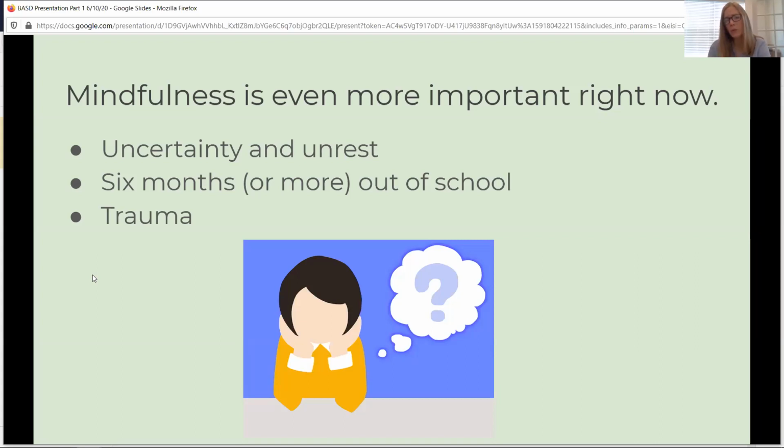And then there are kids who may have been doing okay, may have been doing fine, and they're going to look a lot different. They've been going through a lot over the last 6 months, and who knows how all of this has affected them. So, kids will be coming to us with a lot.